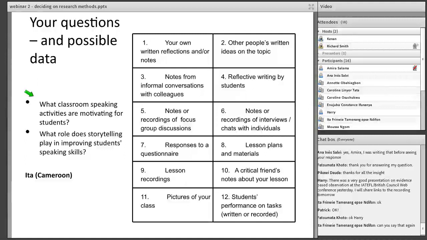What classroom speaking activities are motivating for students? Ita, I meant if you want to talk with me now, there's a little picture at the top of your screen, maybe, which is a microphone. If you click on that, we can maybe talk. You may not be able to do that.